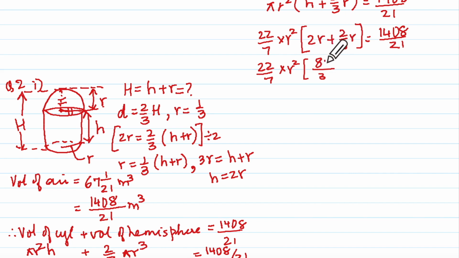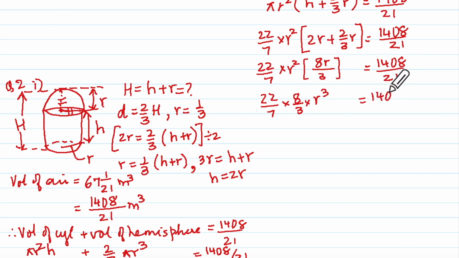That is 8r, no? Yes, 8r upon 3 equal to 1408 upon 21. So you have 22 upon 7 into 8 upon 3 into r cube equal to 1408 upon 21.